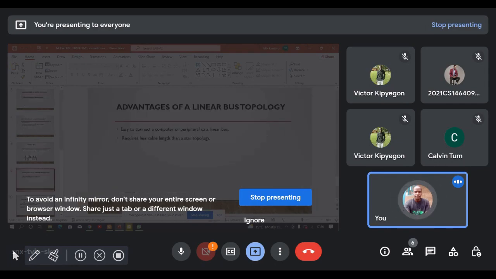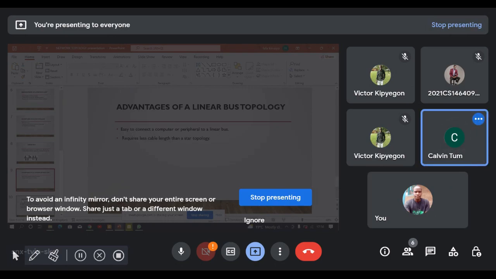Now we go to the advantages of linear bus topology. Sylvester, can you read for us the advantages of linear bus topology?